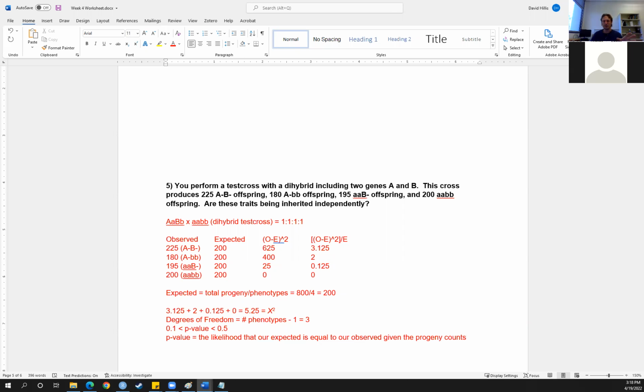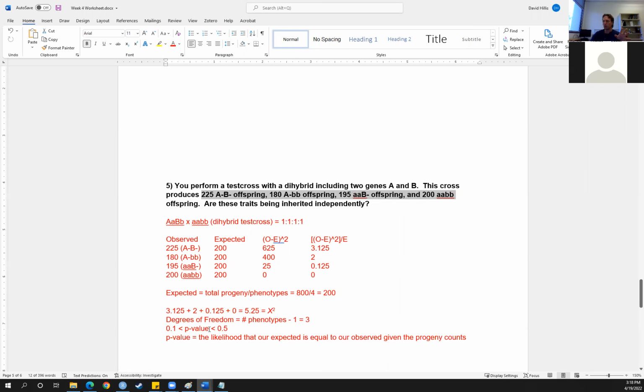That is, in this context, what this p-value means. So it is the probability that our observed values here are statistically identical to our expected values given these values.